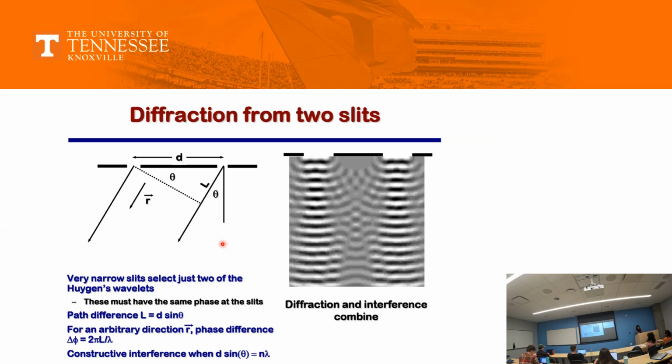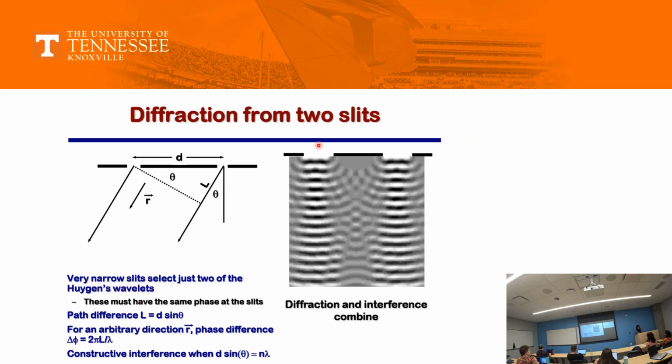It's like a Young's experiment, exactly. So here, the same thing is happening. This is when your diffraction and interference are combining. So we have a very narrow slit. Just two of them, we want a very narrow slit, selecting just two of the Huygens wavelets.